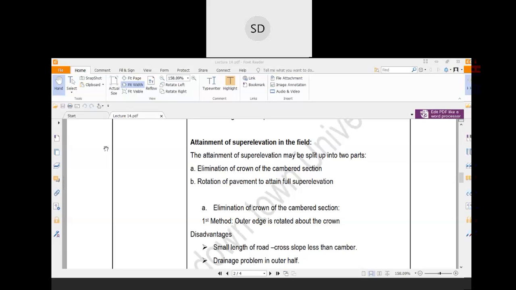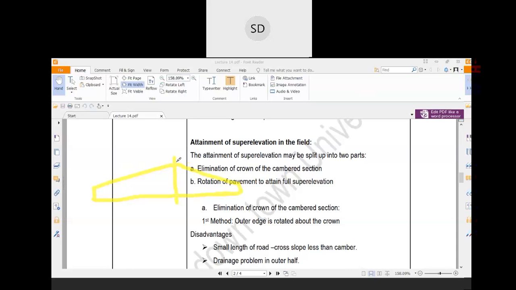One such method is elimination of the crown of the cambered section. If there is a road, it has a camber, and the topmost portion of the camber is called the crown.